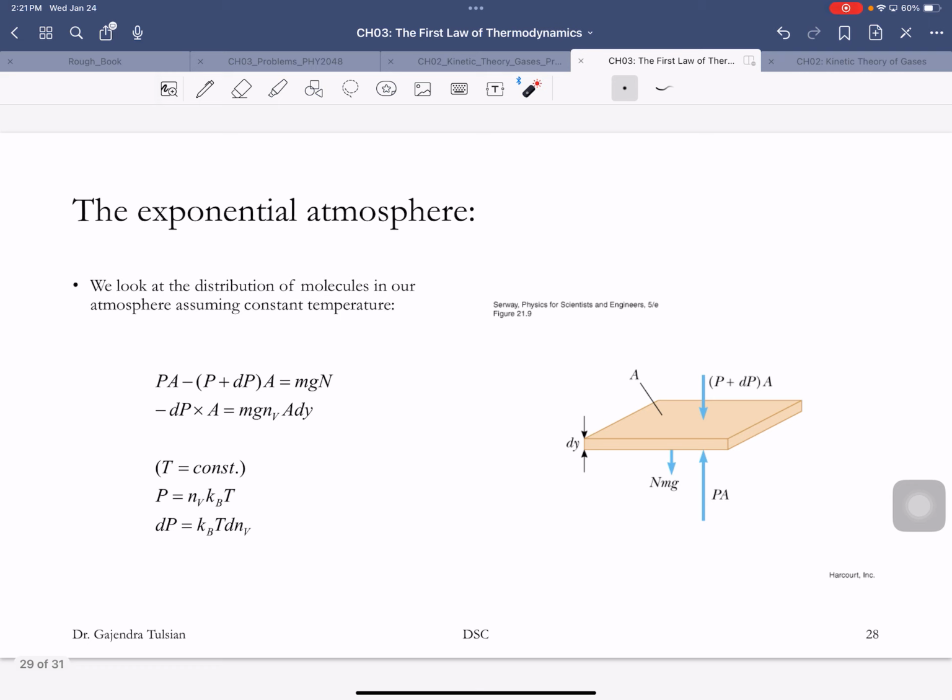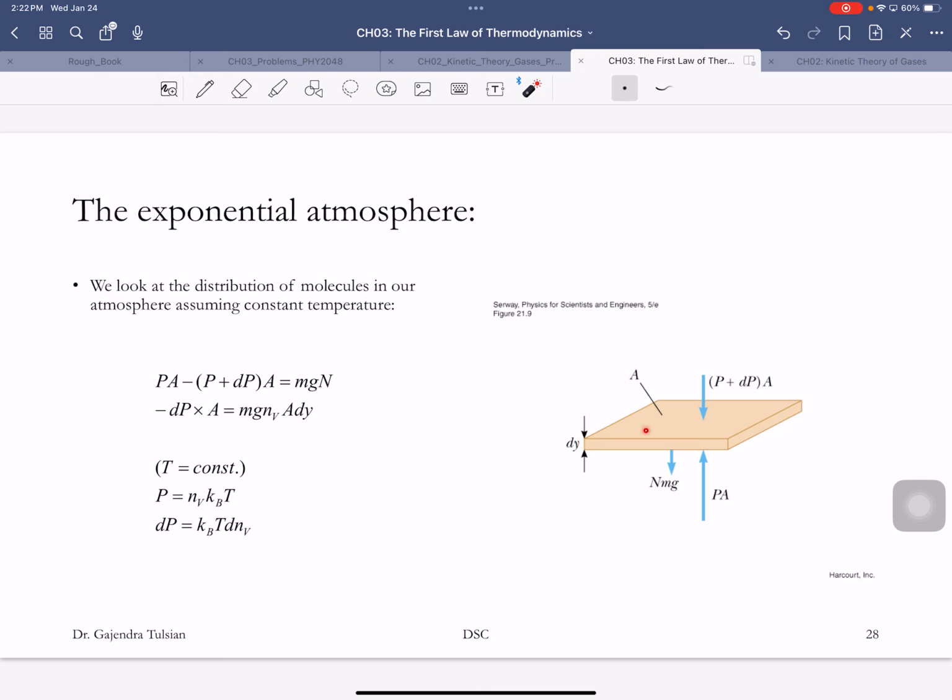There's one more thing that I have to tell you before we go. All right, so here is the slab of air. There's the weight of this slab of air. Why isn't this falling down? This one is pushing it up too.